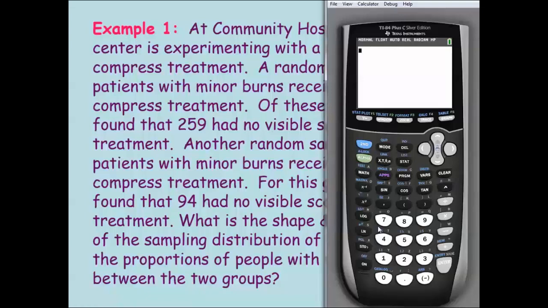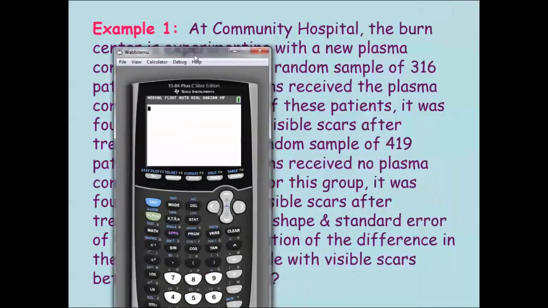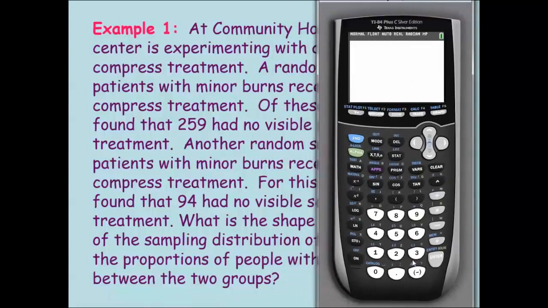So we have total, we have 316 of them. So if I'm taking 316 times, well, what percent did not have scars after the treatment? Well, that was 259 divided by the total 316.